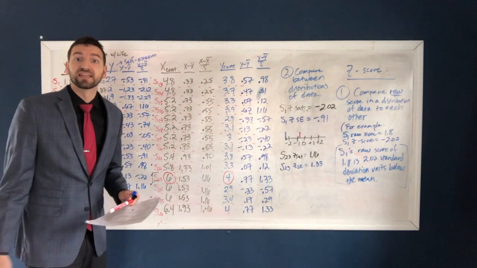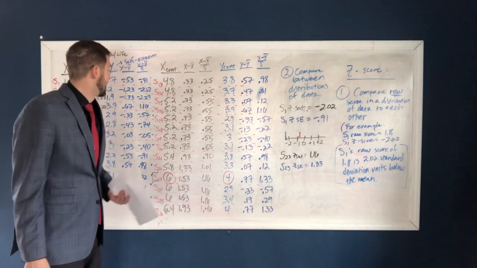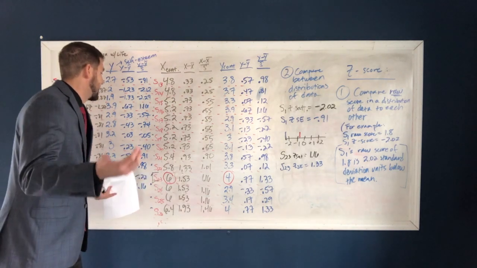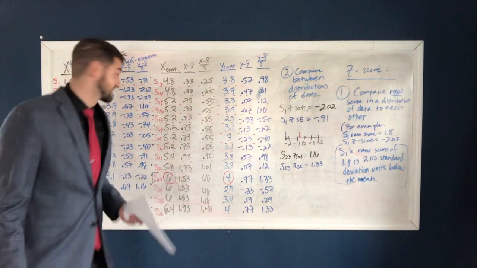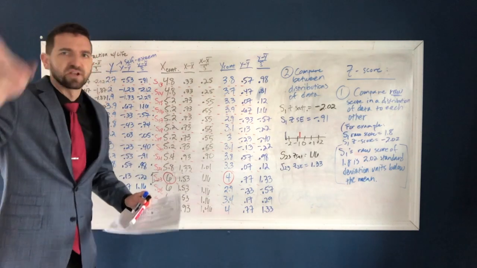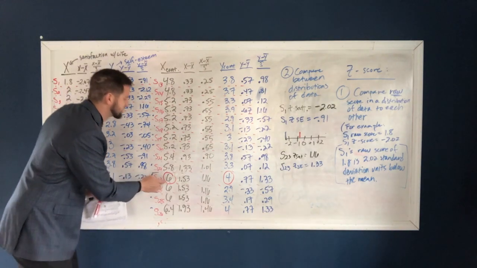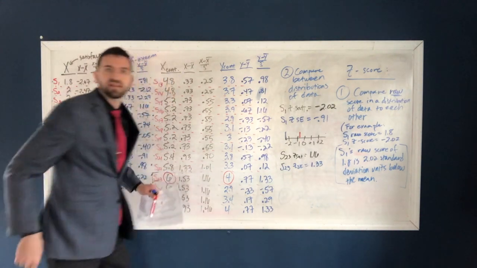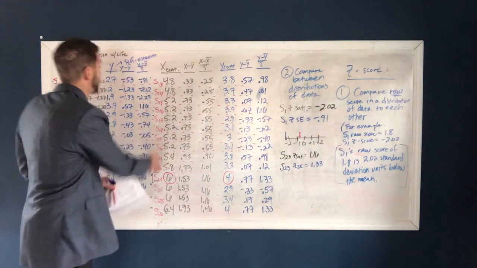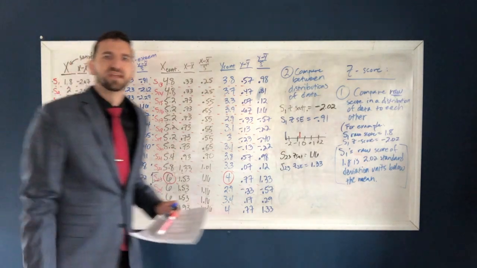So just by looking at the raw scores, you would say to yourself logically, well, sorry, I'm going to start that over. Participant 23 has a raw satisfaction with life score of 6 and a raw self-esteem score of 4. So you would think, well, their satisfaction with life is higher than their self-esteem. But that's not the case.